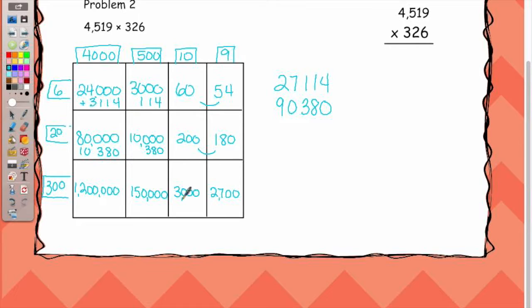Okay, I would also recommend putting your commas in on this last row so that adding could be somewhat simpler.